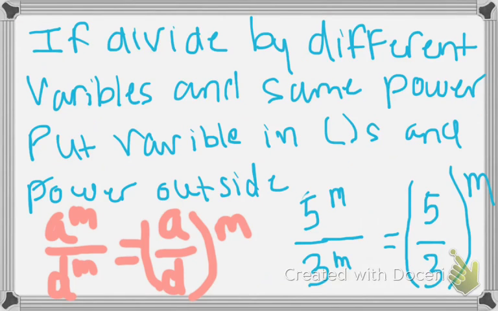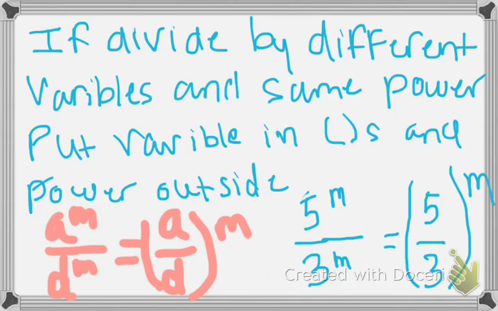The next rule states if dividing by different variables, but the powers are the same, put the variables in parentheses and power outside. An example for this would be a to the power of m over d to the power of m. Because the variables are different, you will keep the fraction.